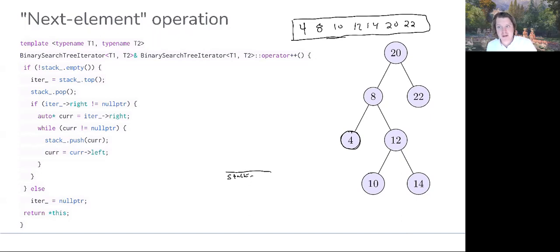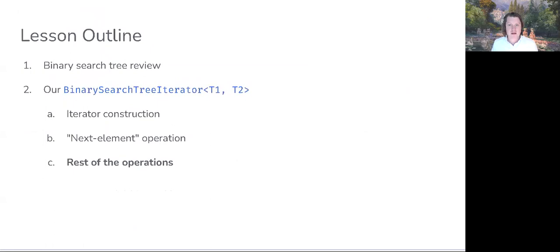If we go ahead and increment, we move to the correct next element, and this process continues until we visited every single node within our binary search tree. So that's that. I'll go ahead and run through a brief recap of the rest of the operations.